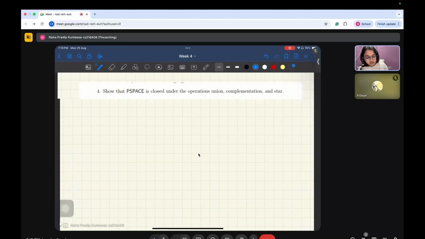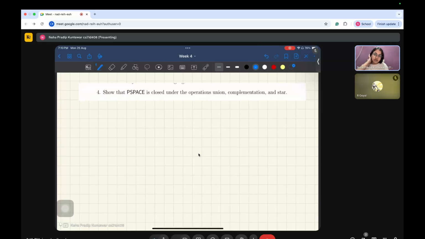I'll do one simple exercise on closure properties of PSPACE. If L1 is in PSPACE and L2 is in PSPACE, then clearly the union of L1 and L2 would also be decidable.